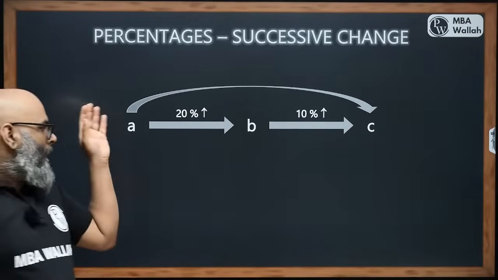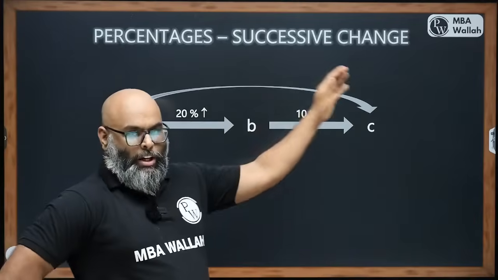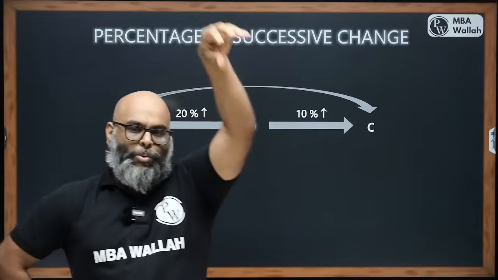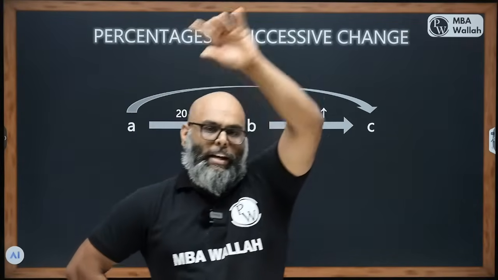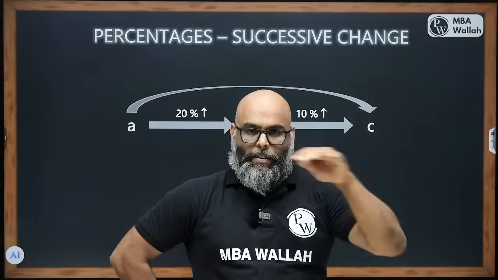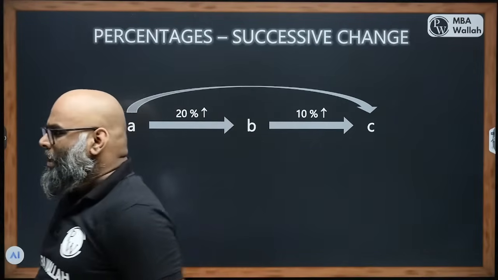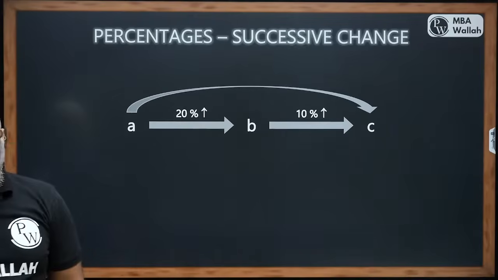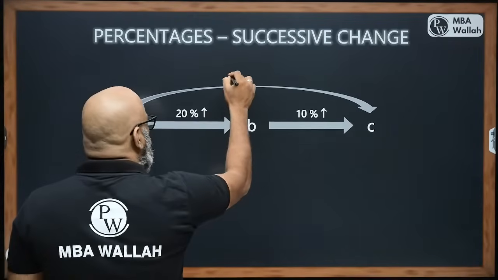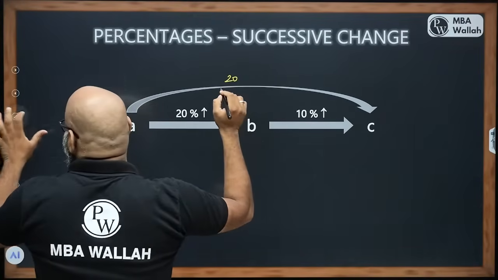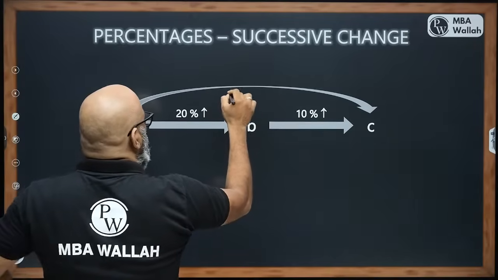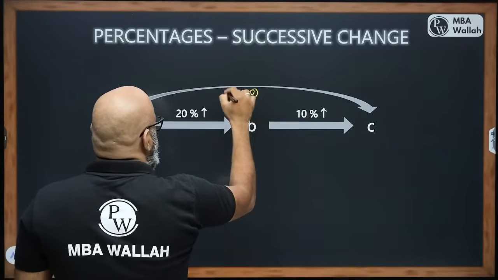Instead of going from A to B and from B to C, first increase 20%, then increase it by 10%. Straight away if you go, yes, all your minds will say 30%, 20 plus 10.